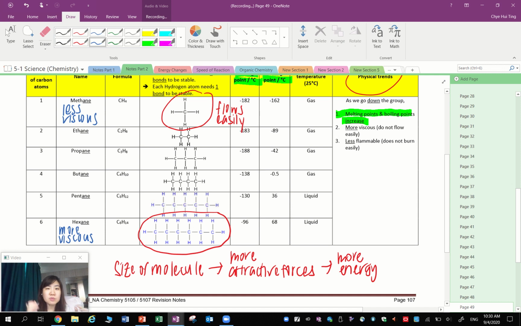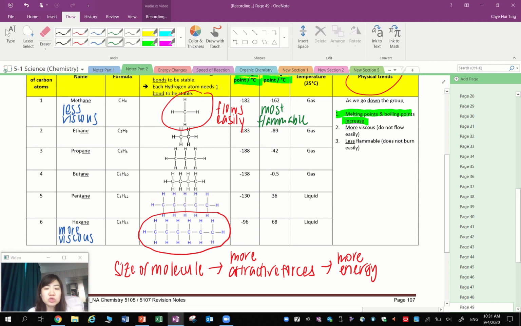Of course, the smaller piece of paper is easier to burn. So I call this more flammable. Methane, being the smallest in size, is the most flammable as compared to hexane. As you go down the group, it gets less and less flammable.